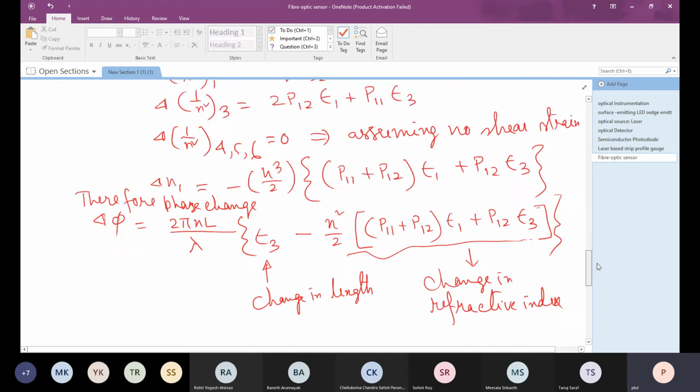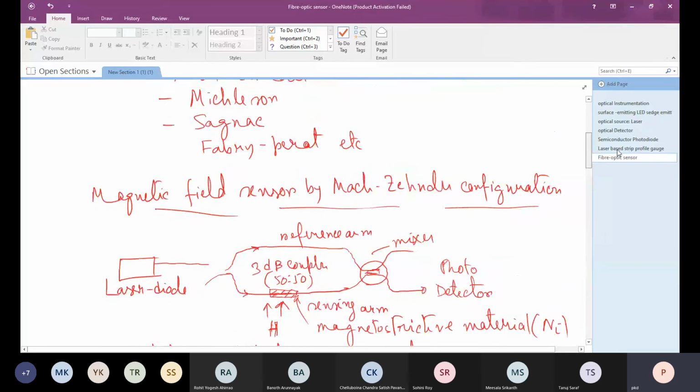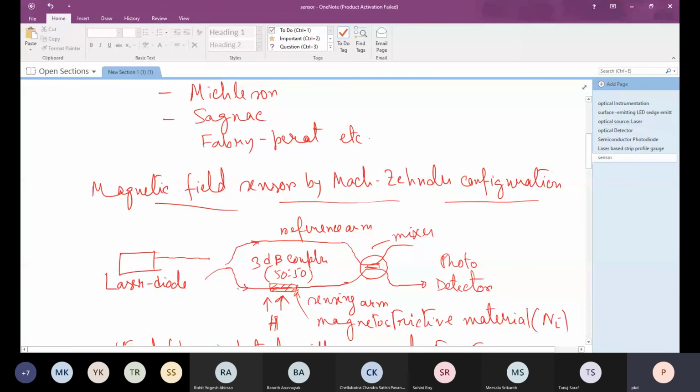Now, the basic advantage of this scheme is that this part is completely optical.